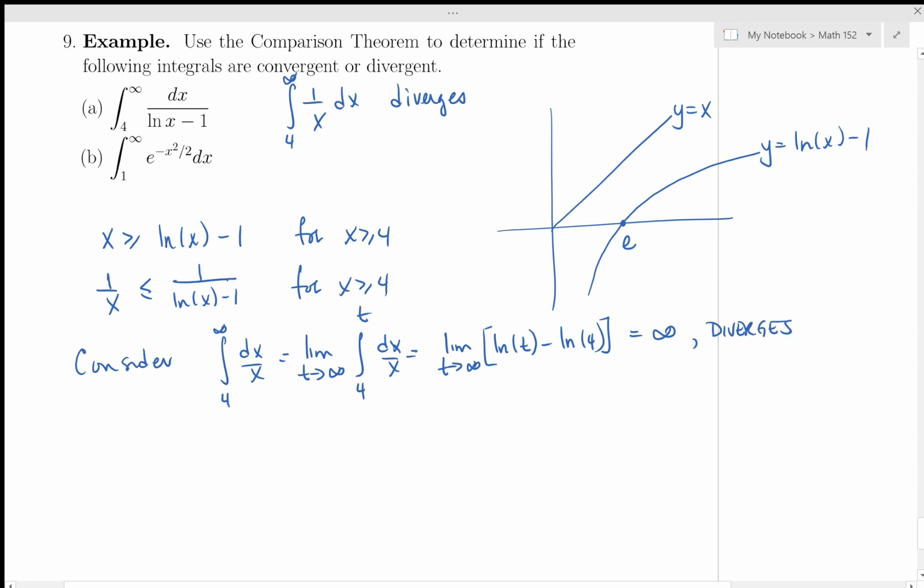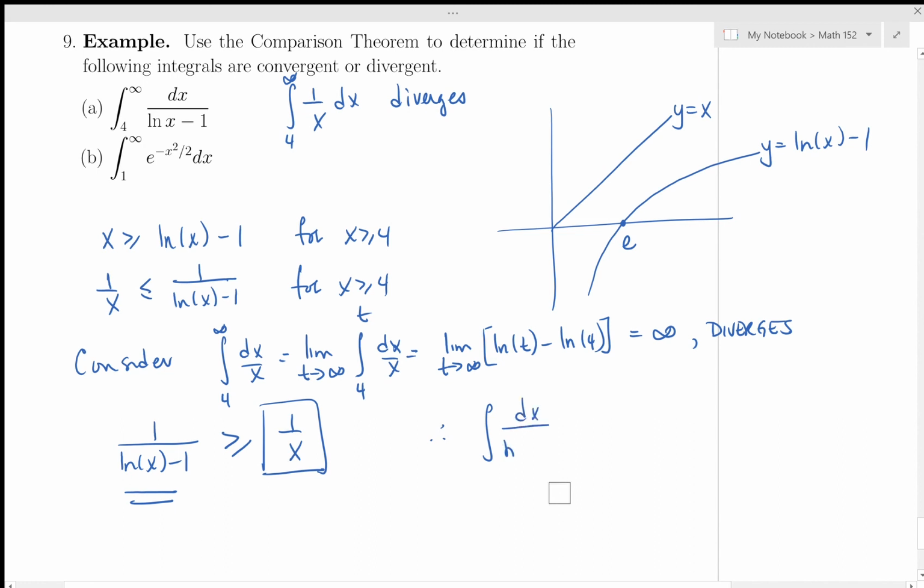So now how am I thinking? I'm thinking I have something that diverges. Here is bigger than this. This thing diverges, and this is bigger, so therefore it diverges as well. So therefore this integral diverges.